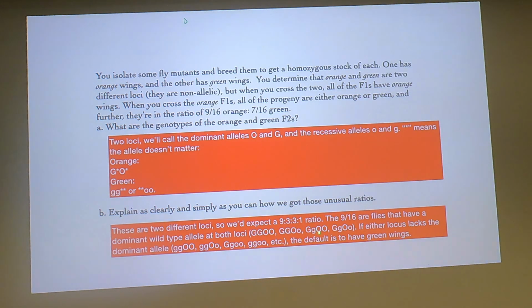So those combinations, all of those will give you orange wings, right? Those are the orange-winged ones. And we're saying if either locus lacks the dominant allele, like here or here or here, etc., the default is to make green wings.